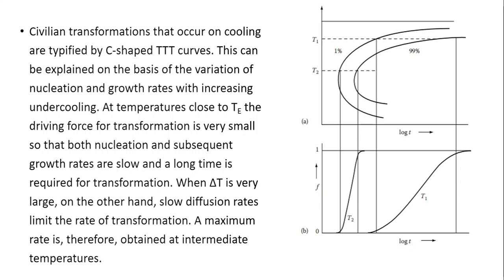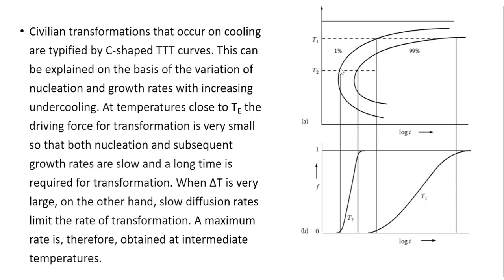Typically, civilian transformations such as this possess what is known as an incubation period. So this is the incubation period for the reaction at T2, and at a higher temperature you have got a greater incubation time. Once transformation begins, the rapidity with which it occurs is less at a higher temperature close to the eutectoid temperature, and it becomes faster at T2.